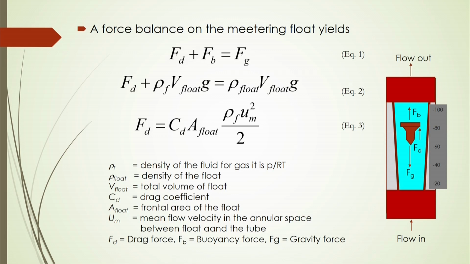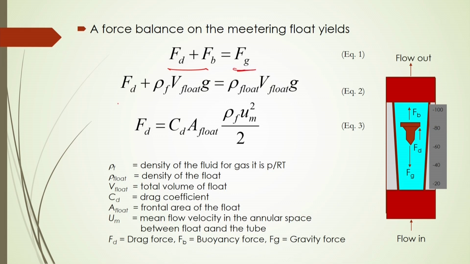In that case, the drag force will be acting upward and the buoyancy force will also be acting upward. So, the drag force and buoyancy force will balance the gravity force, which acts in the downward direction.